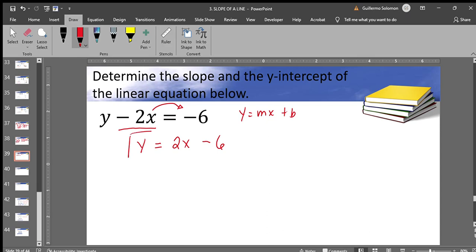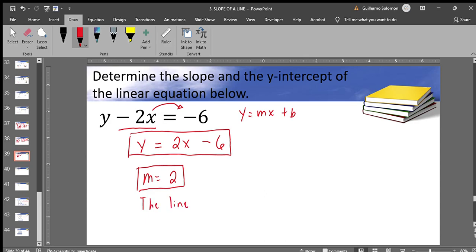And this is our slope-intercept form. Next, identify our slope. Our slope here is 2. And the graph is the line goes up from left to right. Why?